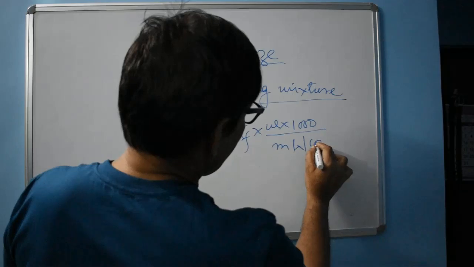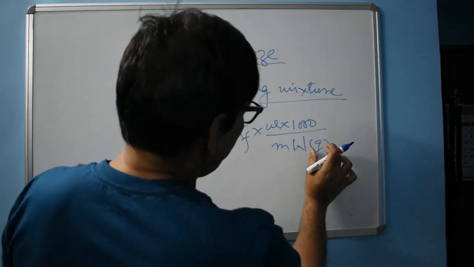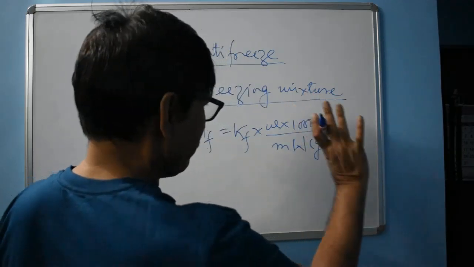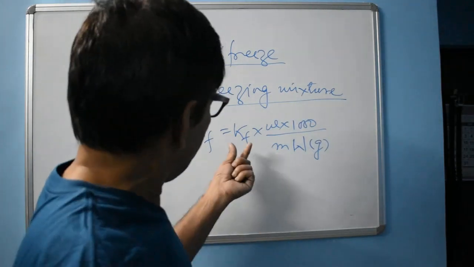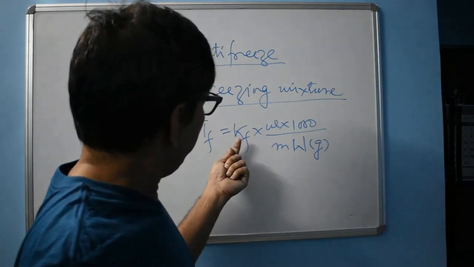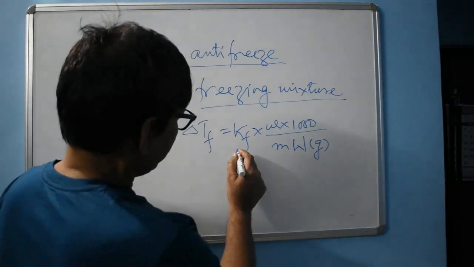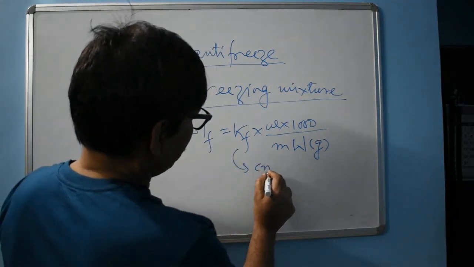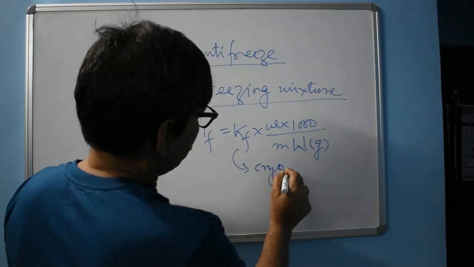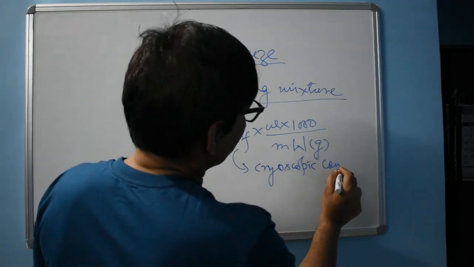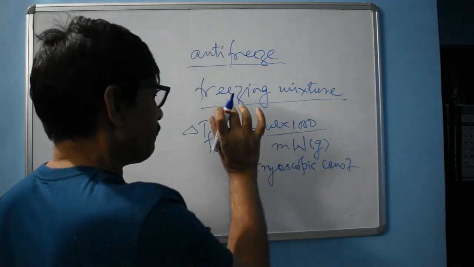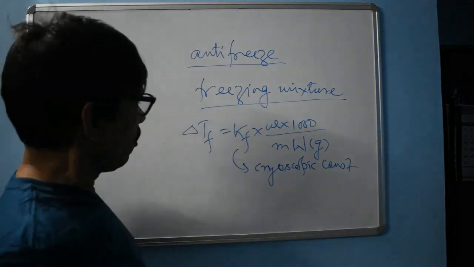Provided, again I am reminding here, that W is in gram. If you take it in kg, then this 1000 will not be there. Now, as I said, this Kf, the cryoscopic constant, is constant for a solvent.